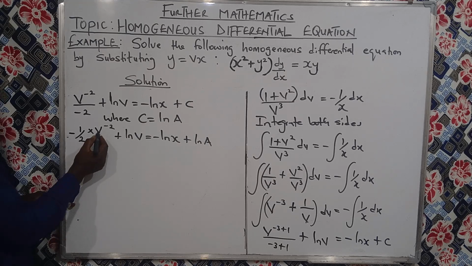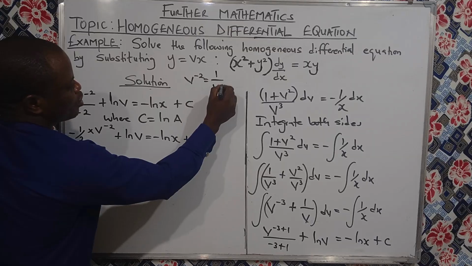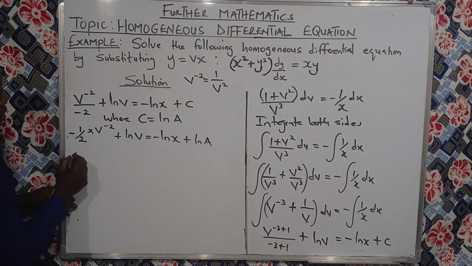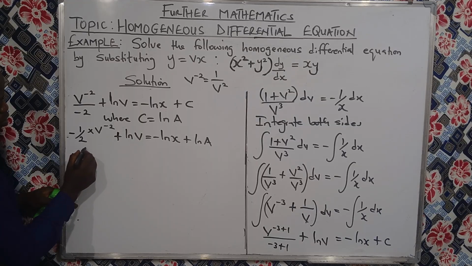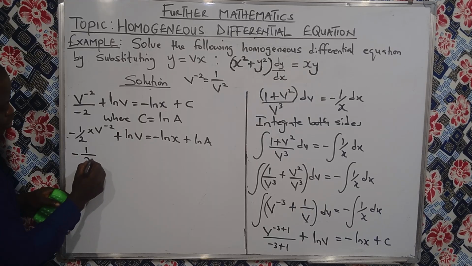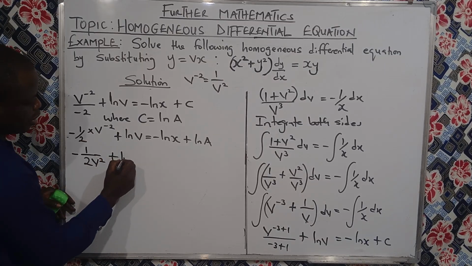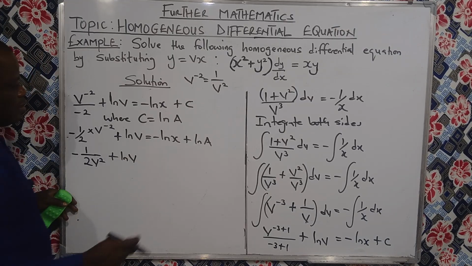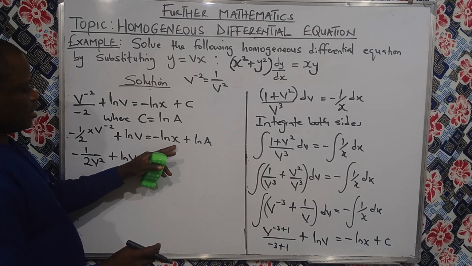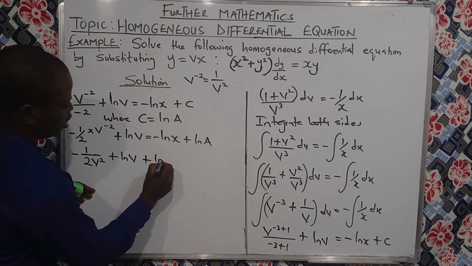Now, v raised to the power minus 2 equals 1 over v squared. In indices, it will now be minus 1 over 2 v squared. Okay, this v squared has come down, plus ln v. Now, let this minus ln x come to the left hand side, plus ln x.